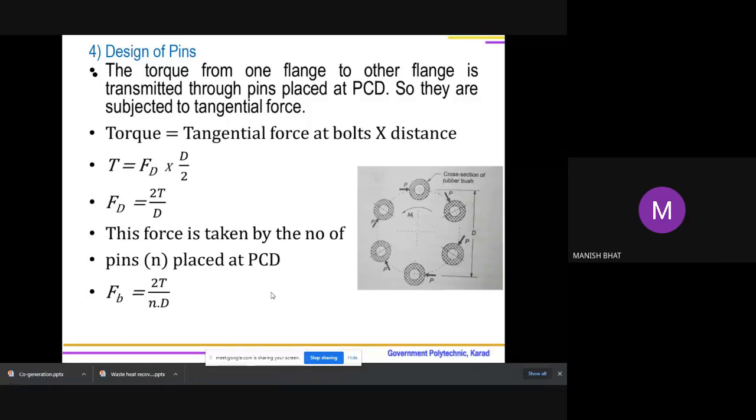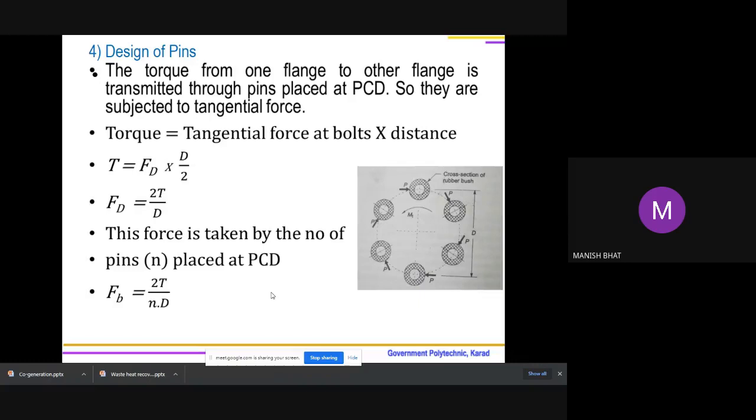You know that at 4D, 4 times diameter of shaft, number of pins are placed, and how many pins are required, that also we can find from a general convention, and that convention is that when shaft diameter is less than 40, we can take 3 number of pins.